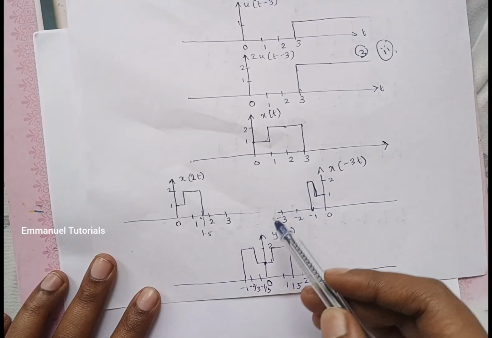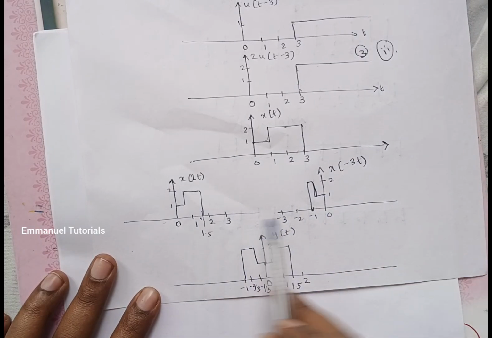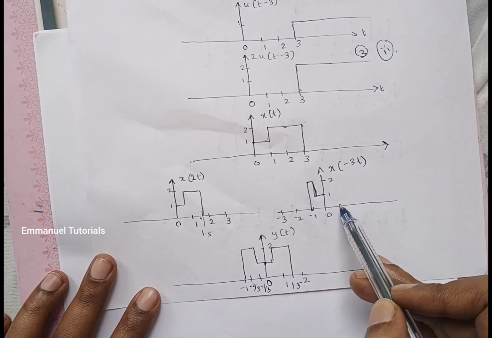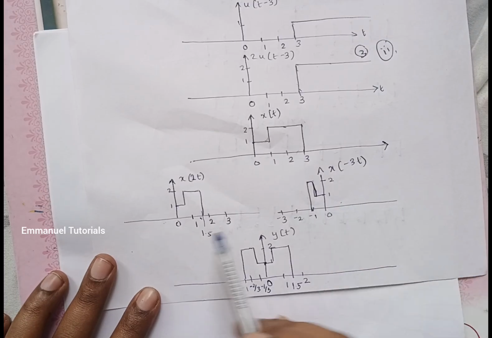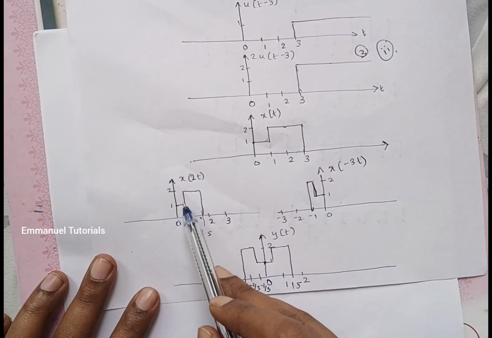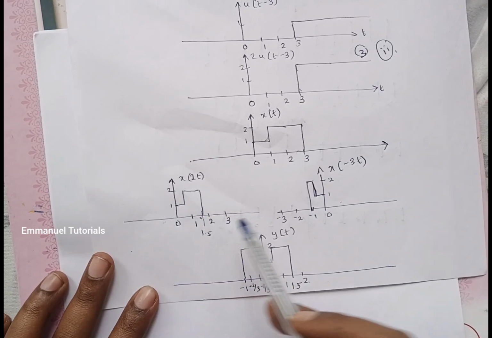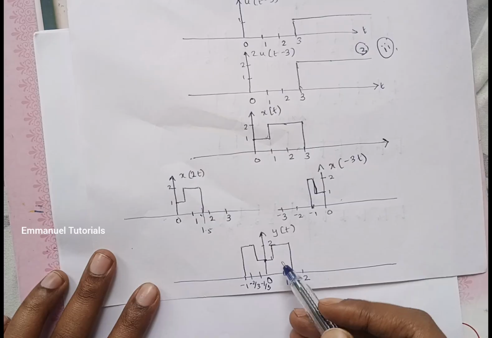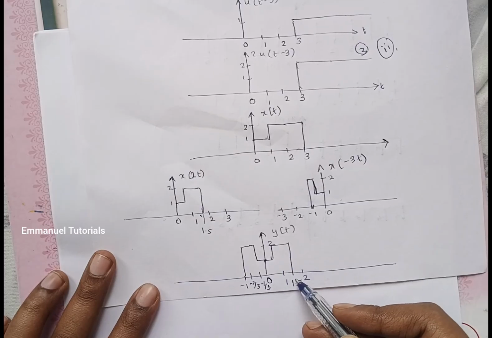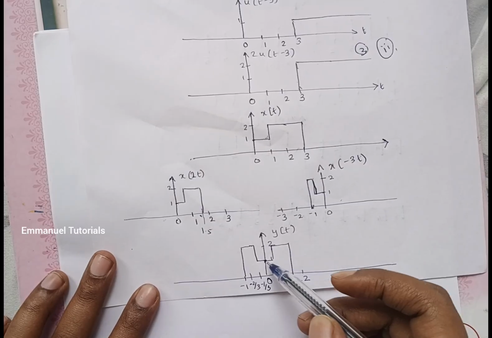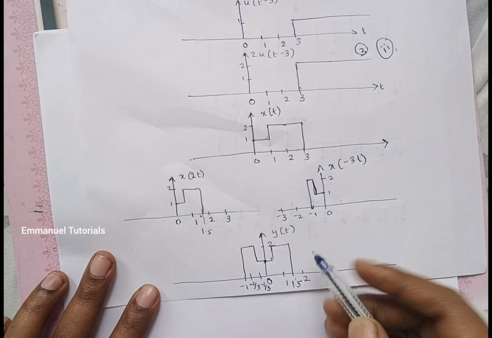And for the second part, from 0 to infinity, the second signal's amplitude is 0, and the first signal's amplitude is changing like this, or it has a particular shape. So you can just replicate it as it is. Here you can see it's a signal which starts from 0 and goes to 1.5, and I've just put the shape as it is.